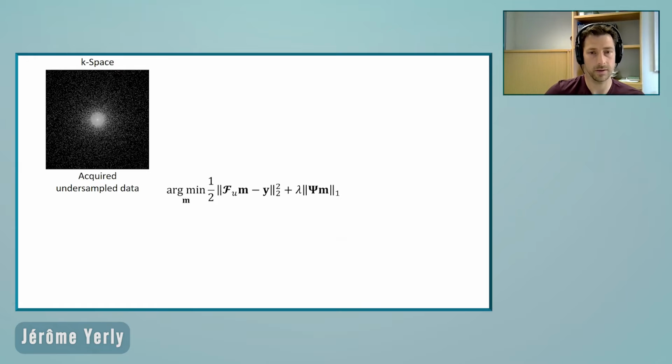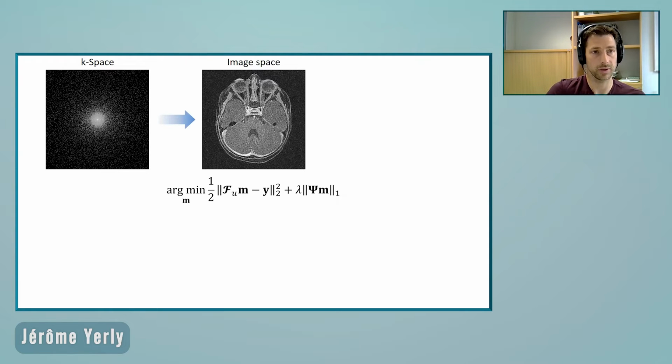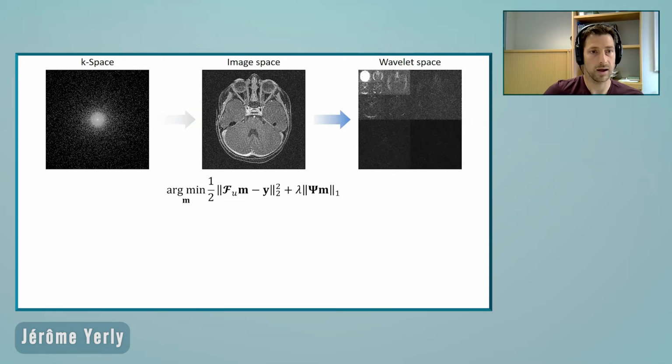Let's try to have a more intuitive understanding of how this works. Let's start with our randomly undersampled k-space data. The first thing we can do is take the inverse Fourier transform to get our first estimate of the reconstructed image, by filling the missing k-space data with zeros. Then we apply the wavelet transform to represent this image in the wavelet domain.